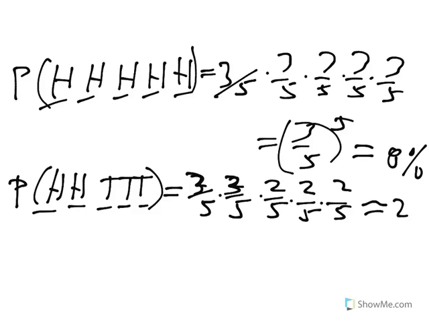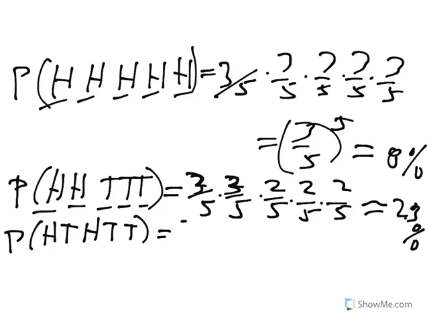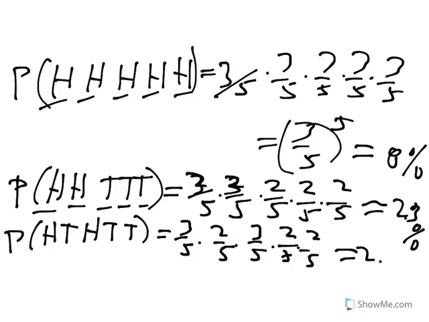It's only about 2.3%, to be more accurate. So in that sense, it looks like it's more likely to get 5 heads than to get 2 heads and 3 tails. But there are other ways to get 2 heads and 3 tails, like heads, tails, heads, tails, tails. Well, the probability of that happening is 3/5 times 2/5 times 3/5 times 2/5 times 2/5, which is also 2.3%.